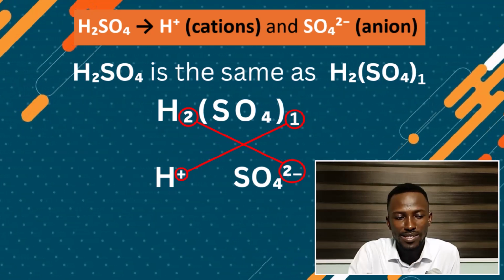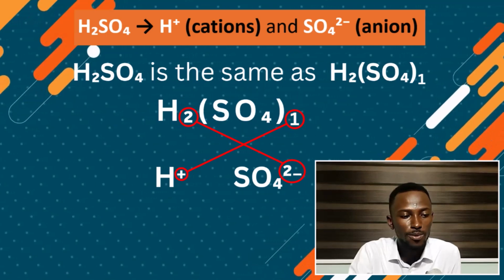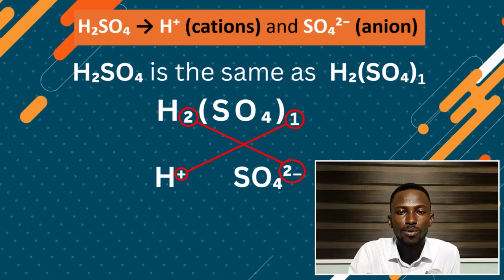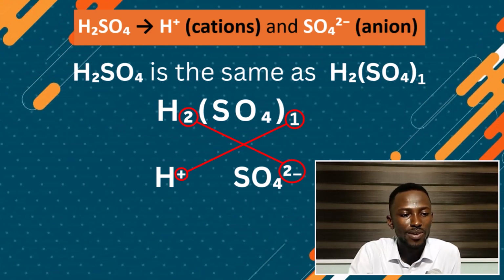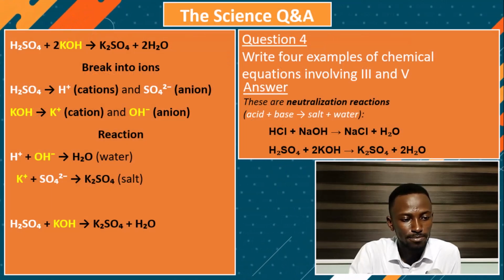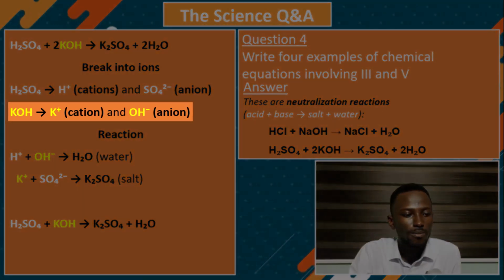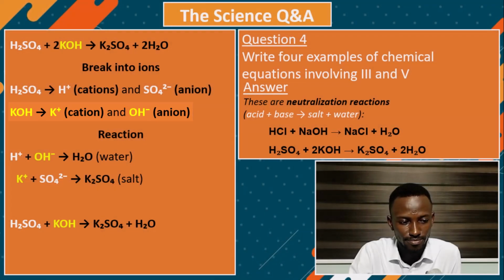The more you practice these kinds of chemical equations, the better you become at writing them into their various cations and anions. And when you become even better at writing this kind of reaction, you don't even need to write the cation and anion form before writing chemical equations. What about the KOH? The KOH can also be broken down into K plus and OH minus.